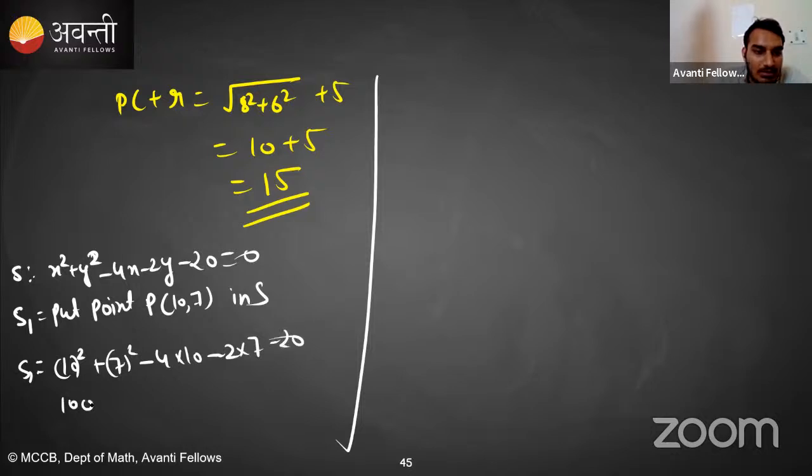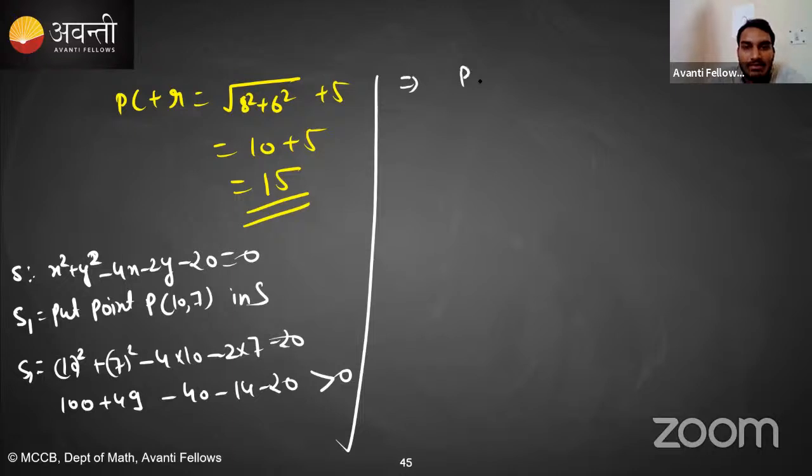This is nothing but 100 plus 49 minus 40 minus 14 minus 20. So clearly you can see that this is greater than 0, right? So it implies P is outside the circle. This is one way of looking at it.